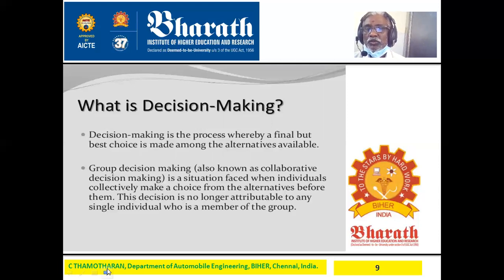Group decision making, also known as collaborative decision making, is a situation when individuals collectively make a choice from the alternatives before them. This decision is no longer attributable to any single individual who is a member of the group.